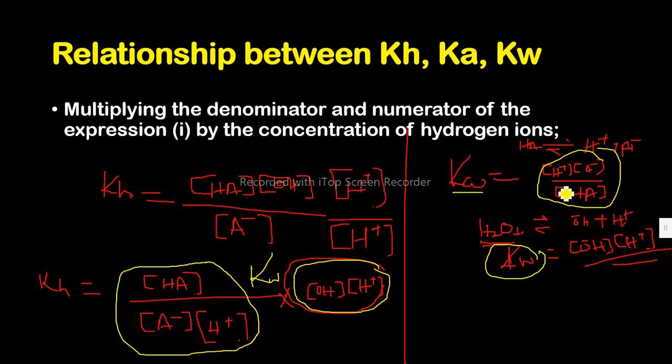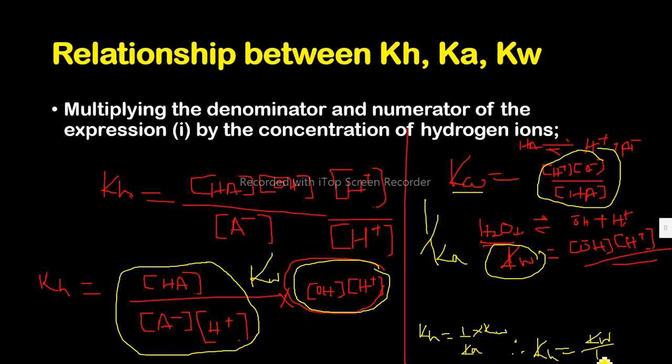Are you seeing that this is 1 out of Ka? Do you agree? So am I wrong to write my KH as 1 out of Ka times Kw? No, I'm not wrong.